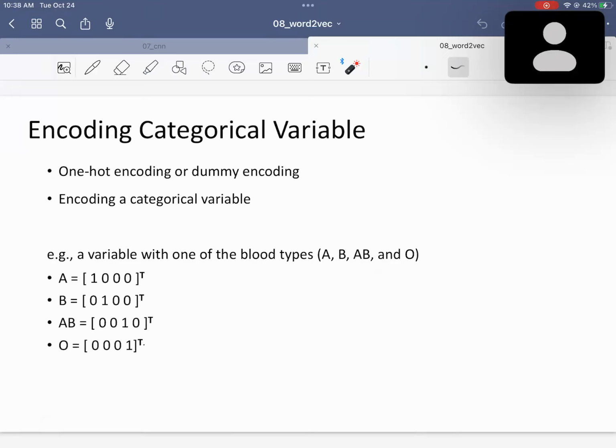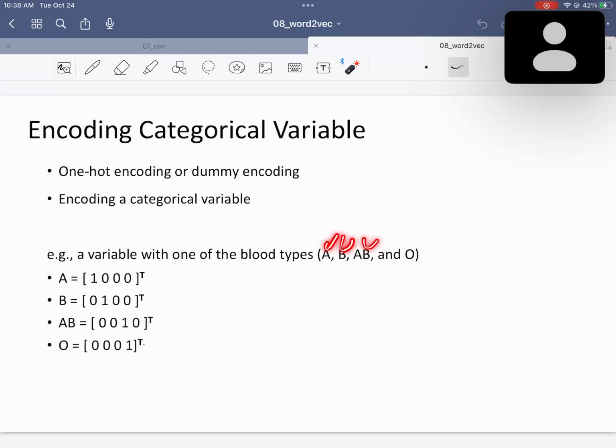The easiest way to encode any categorical or discrete variable into a vector form is obviously one-hot encoding. For example, if you're trying to represent different blood types, A, B, AB, and O, there are four blood types in total.